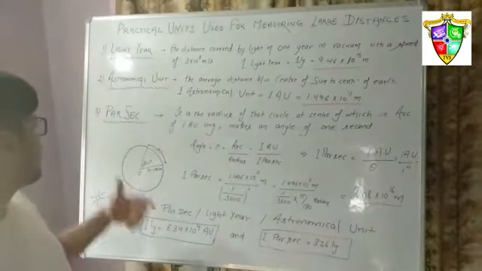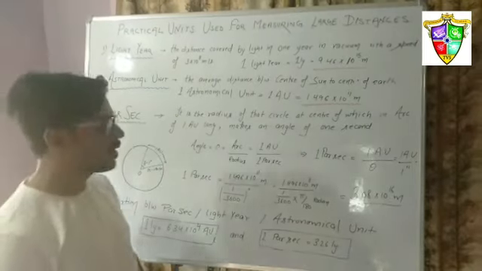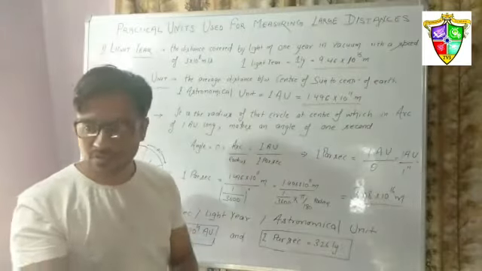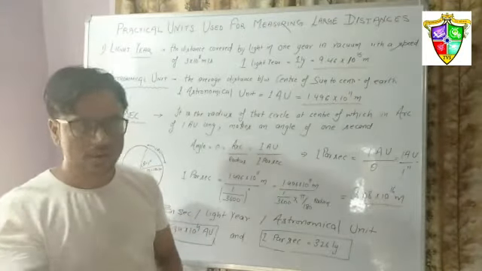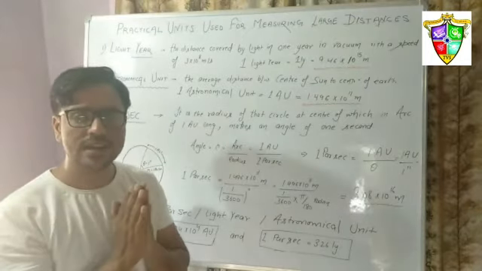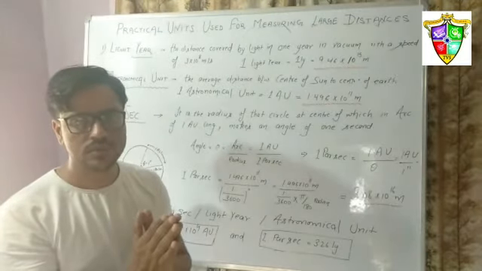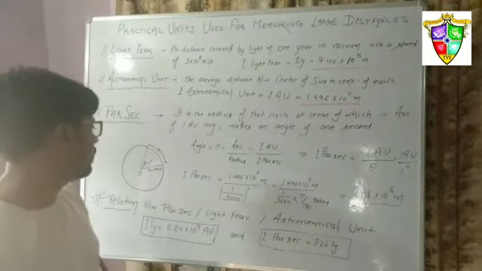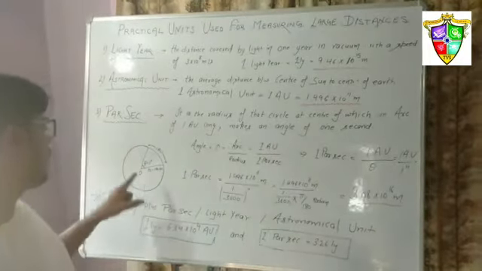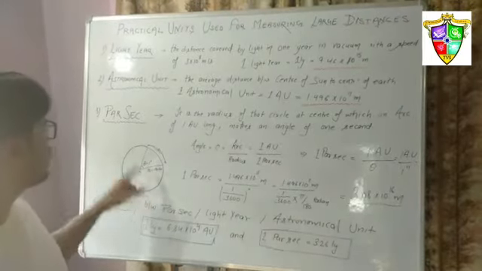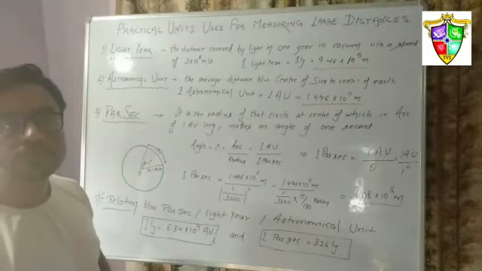So next is parsec. So what is parsec? Students, we know if a body is revolving in a circle or covering its path in a circular orbit, then at the center of that circle, if an arc of 1 astronomical unit long makes an angle 1 second, then radius of that circle is known as 1 parsec.